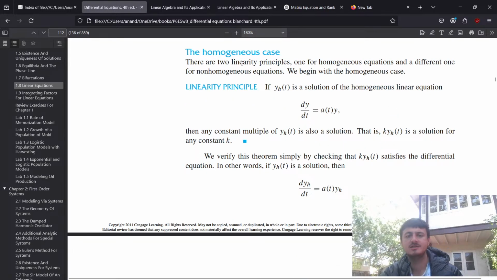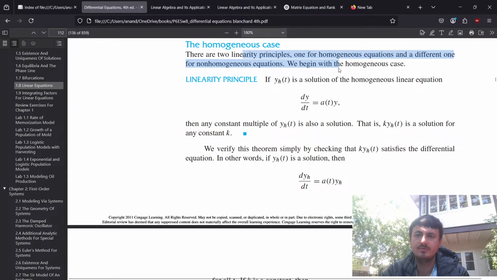There are two linearity principles, one for the homogeneous case and one for the non-homogeneous case. We begin with the homogeneous case.